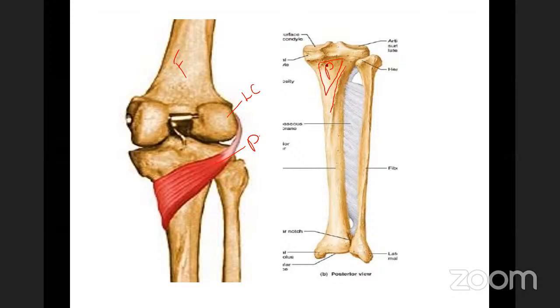Now the MCQ question asked here is, its intracapsular origin is the first point. The next point is its action. The important action of popliteus is that it unlocks the knee joint. Details of this we will study in the next class, but for now I will tell you what is meant by locking. Any idea, students, what is locking of the knee joint?